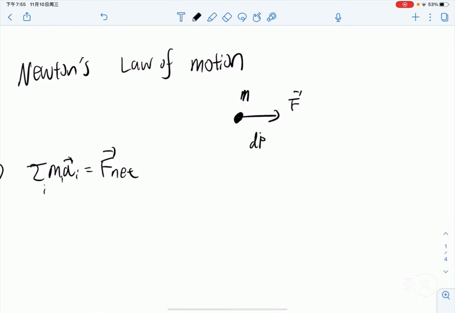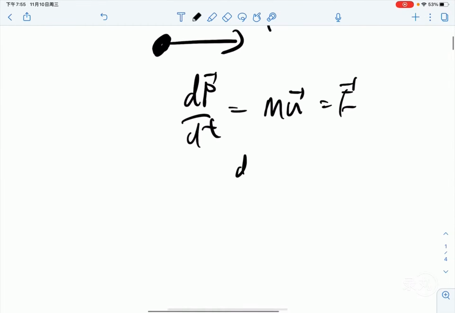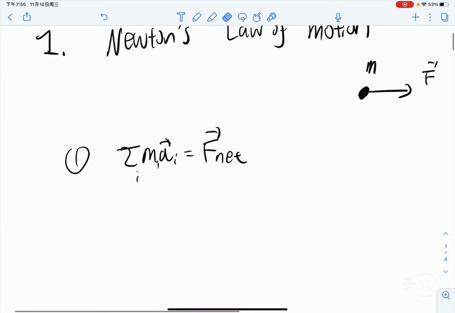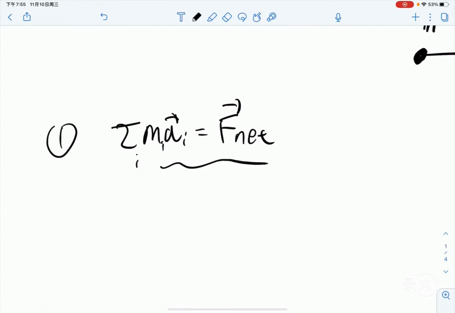Some may write it in this other form, which is also fine, but I don't really like it because there's changing mass, so it looks weird. Okay, moving on, and we're going to see how this works.